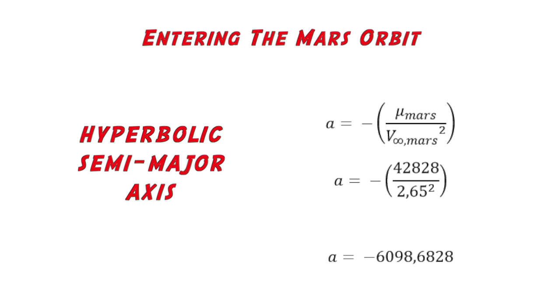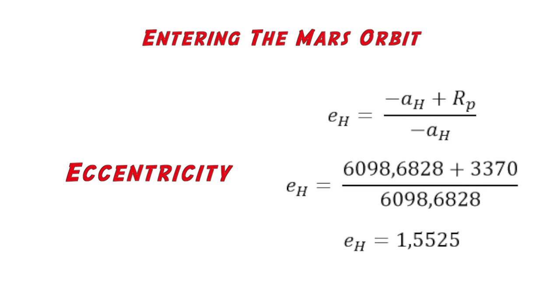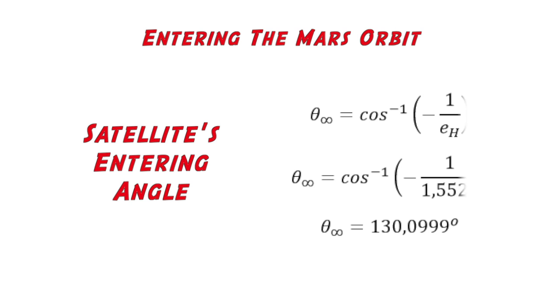This minus shows us that the orbit is hyperbolic. Then for the eccentricity, based on this equation, we get 1.5525, and MAVEN's angle when entering the Mars orbit is 130.0999 degrees.